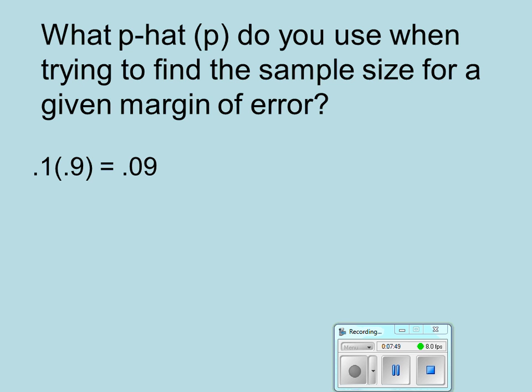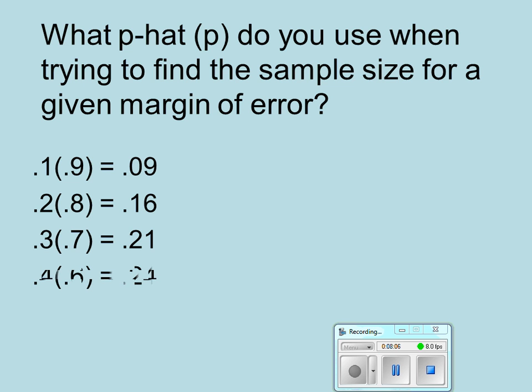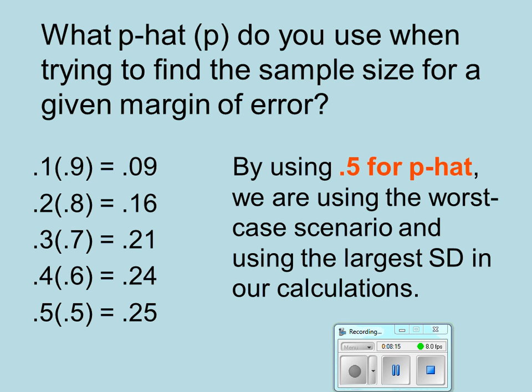Look how far apart they are. We want to use the worst case scenario. One is really good and one's really bad, so that wouldn't work. That's a little better. We want to use the worst case scenario. Ah, there it is. 50-50 is as bad as you can get. So by using 0.5 for p-hat, we are using the worst case scenario and using the largest standard deviation in our calculations.